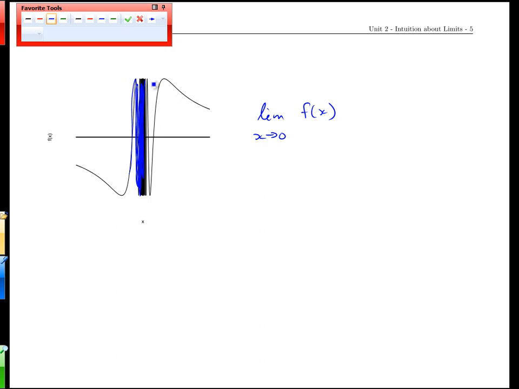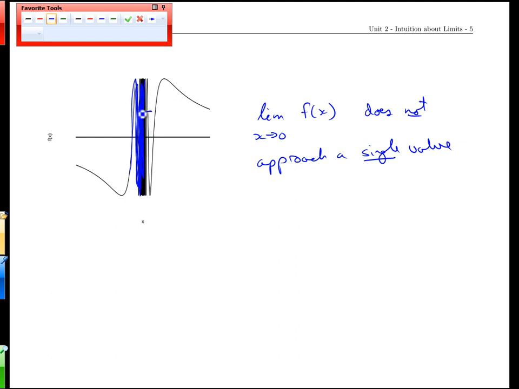There's no asymptote here, but the problem is that it does not approach a single value. So we might be able to say something later on about the range of values, but it certainly does not.